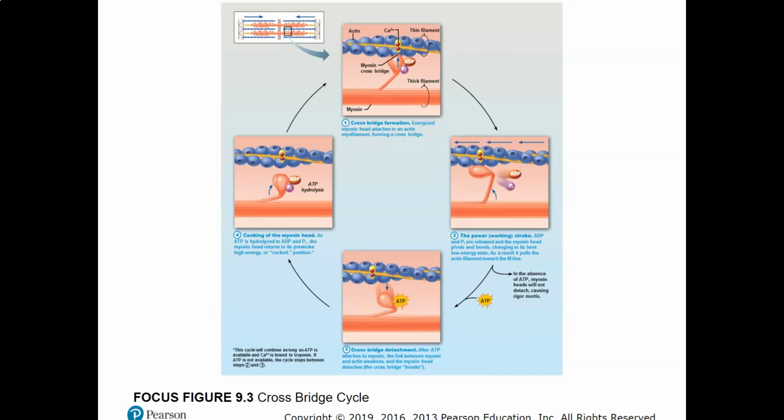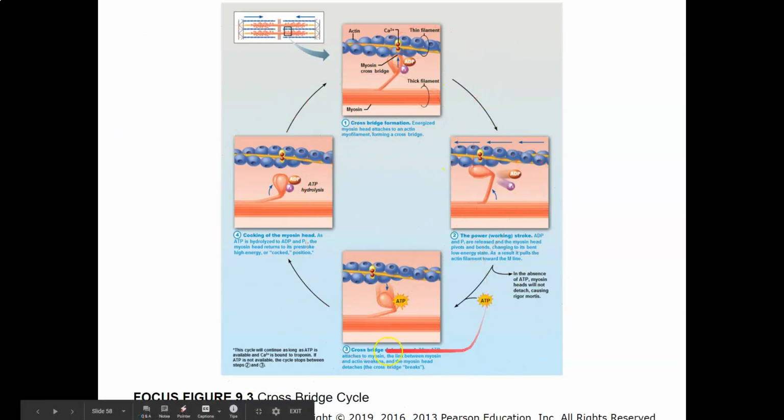The ATP gets hydrolyzed, converted into an ADP and a phosphate, cocking the head group, putting it into the high energy state where it can grab onto the actin, perform a power stroke, detach when ATP attaches, and hydrolyze the ATP. Cock, grab, pull, ATP attach, detach, hydrolyze.